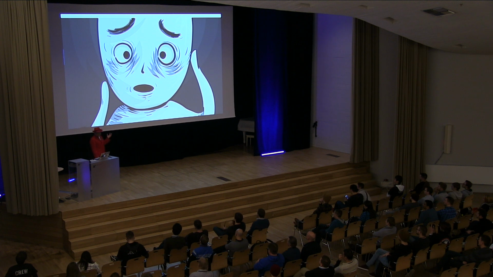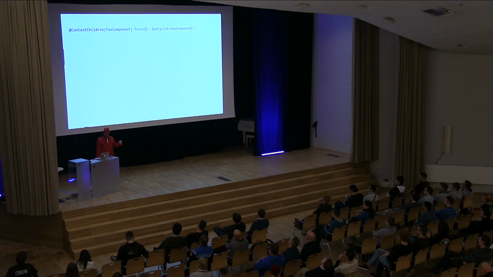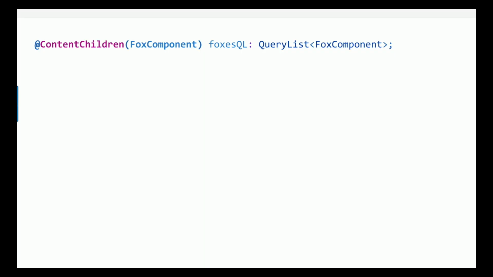Yes, that's anxiety, because it's not obvious how you do this. So we're going to try various things that people have asked me to try. Like we've heard maybe of @ContentChildren, the decorator that lets you find projected content inside your container. And one of the things we could try to do is find a component by its type.